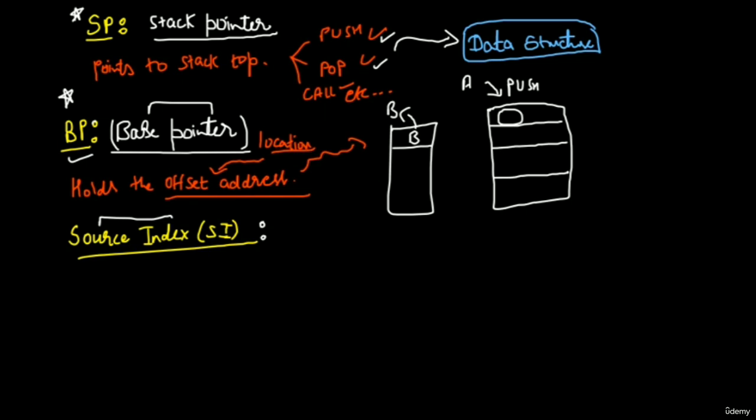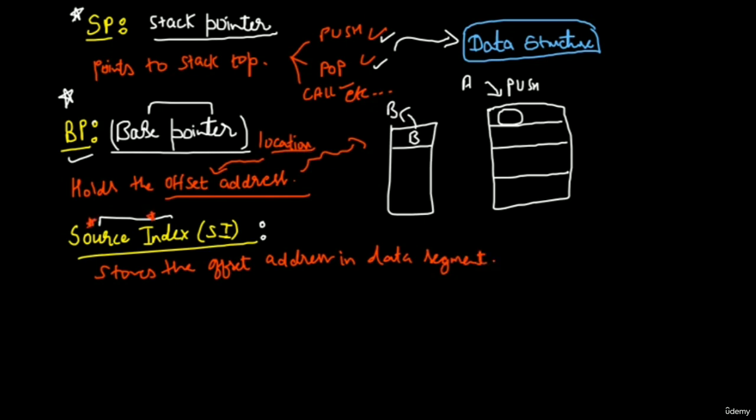Okay, it holds the offset address in data segment. It stores the offset address in data segment. Well, if you look closely at its name, it's about the source and index.